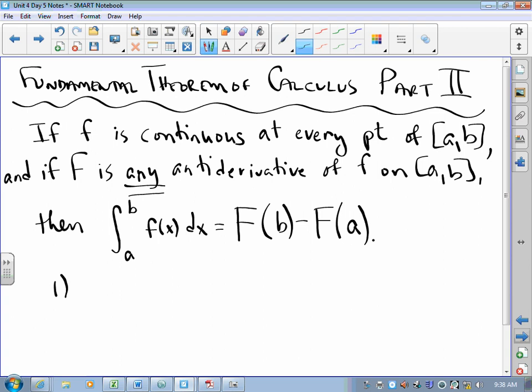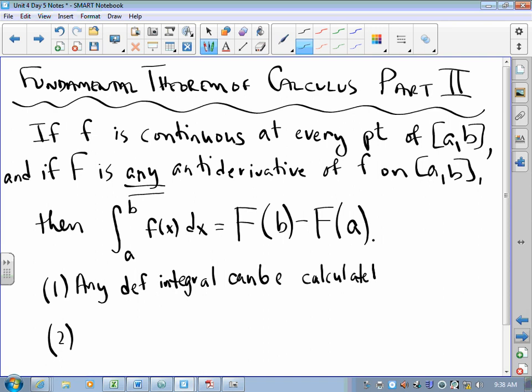There are two major consequences of this part of the theorem. One, any definite integral can be calculated as long as an antiderivative can be found.